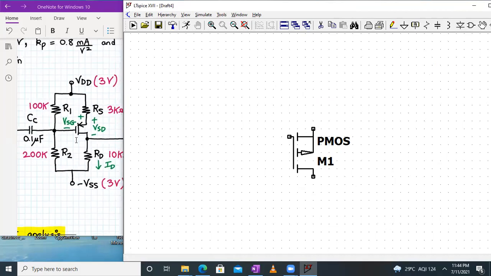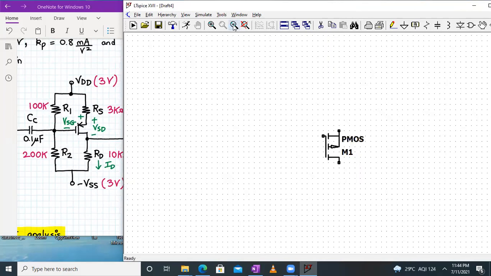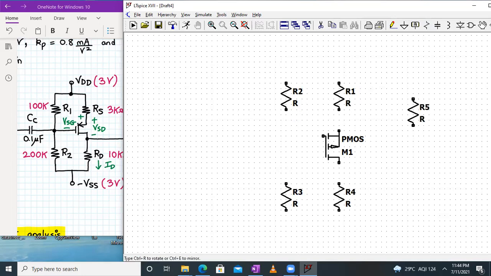Now we have to make the remaining part of the circuit. For that, just minimize a little and add 4 resistors. So here are the 4 resistors, 1, 2, 3, and 4. Okay. And now we require capacitors, 2 capacitors particularly, one over here and the other at the output terminal.